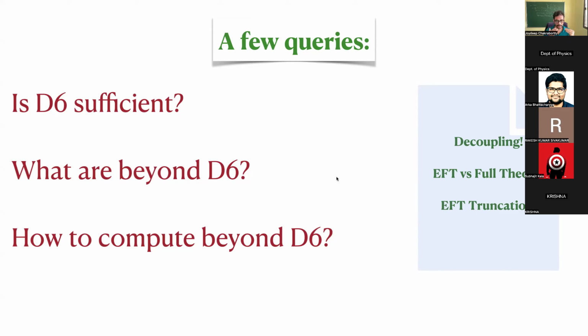Now you can see that I may have used the heavy scalar to be, let's say, 1.5 TeV, up to dimension 6 truncation. But I can really calculate dimension 8 or dimension 10 order contributions, and then I may find I don't need to keep this lambda, the heavy particle's mass, at 1.5 TeV; rather I can bring that down to 1 TeV or 800 GeV. So that's how where to truncate matters.